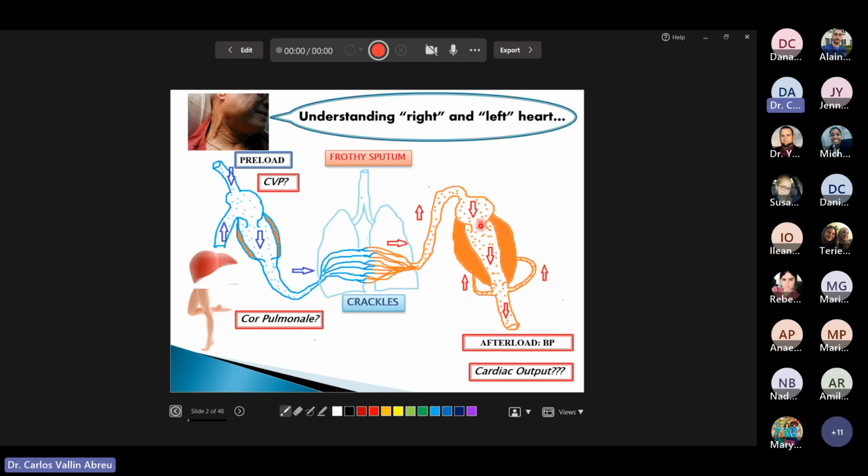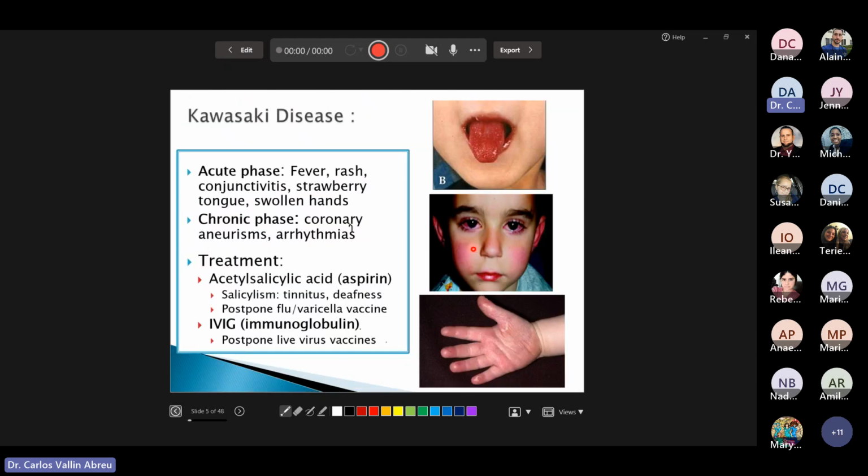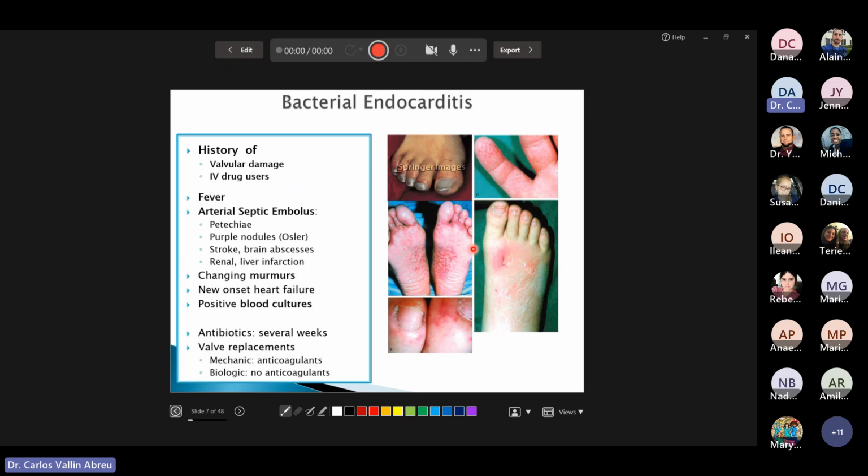And then the bacteria can start growing there, producing an infection and an inflammation of the valve and the interior of the heart, the endocardium. That's why it's called bacterial endocarditis.